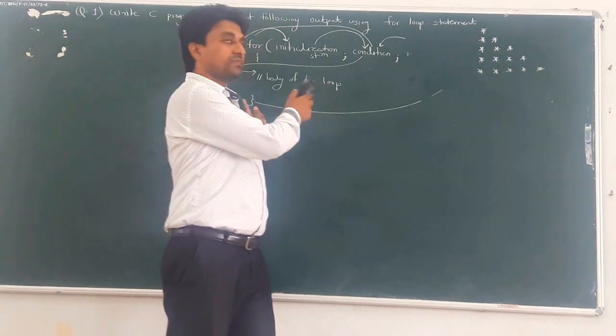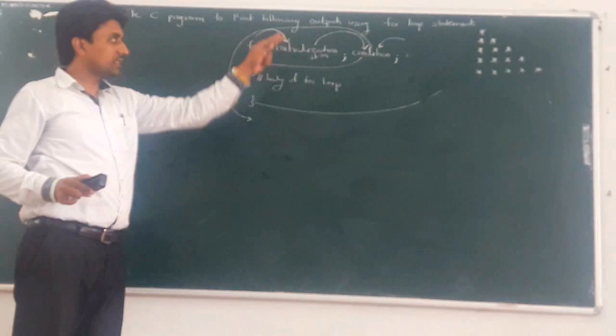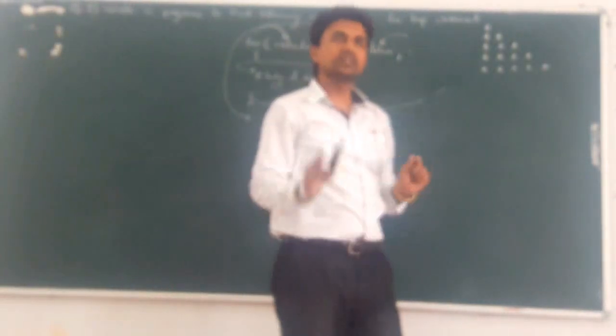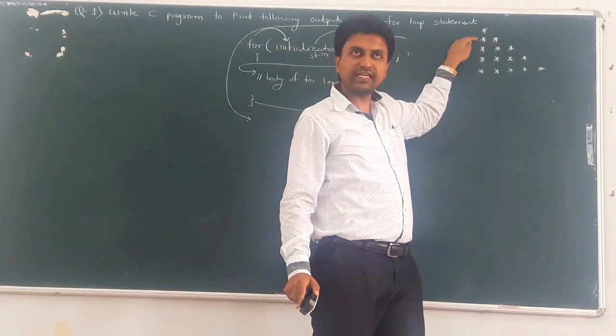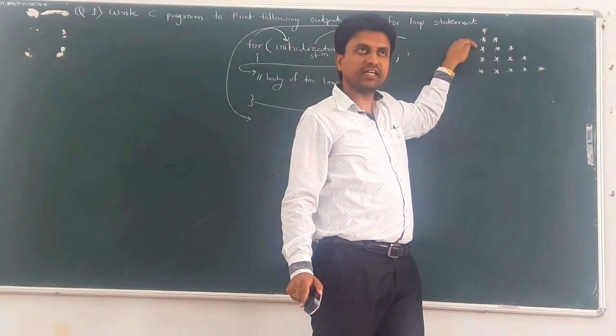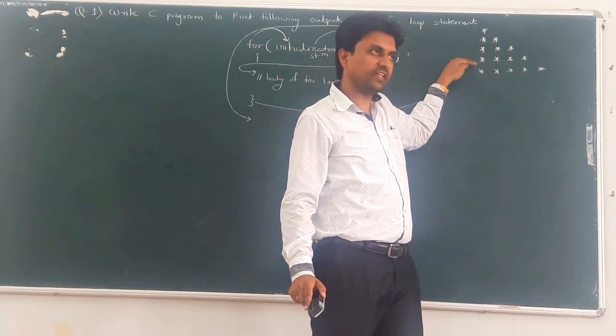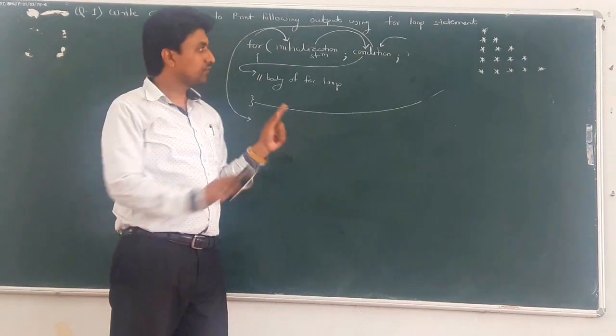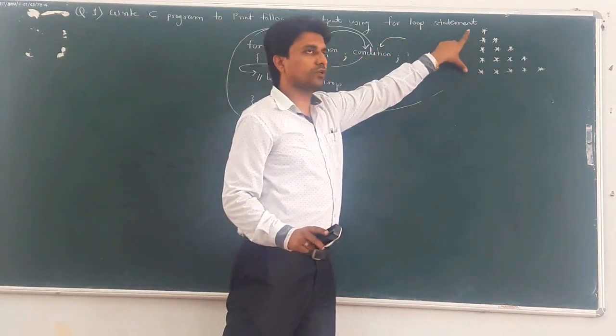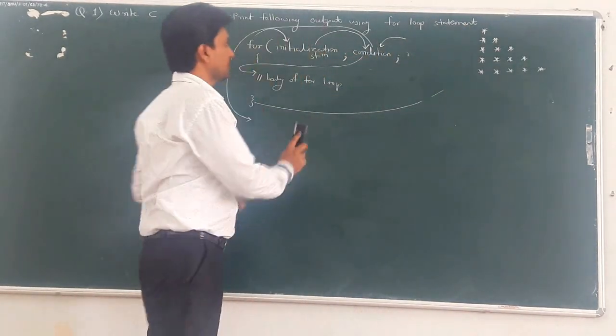We can check how to print this output on the console. That means star once on the first line, 2 times on the second line, 3 times on the third line, 4 times on the fourth line, and 5 times on the fifth line. Understood?